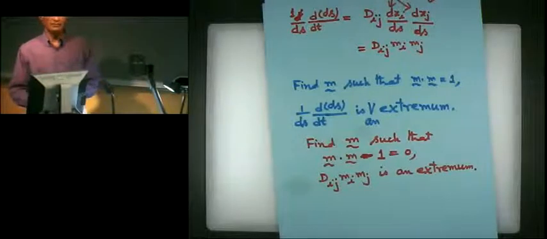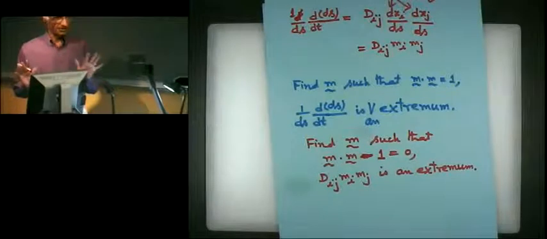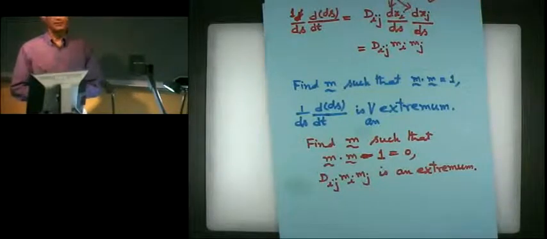Which vector M will give me the maximum or minimum rate of change of length per unit length? You have studied this problem before. In this class, you have done a homework, possibly more than one homework problem. And you answered the question in the last few minutes.